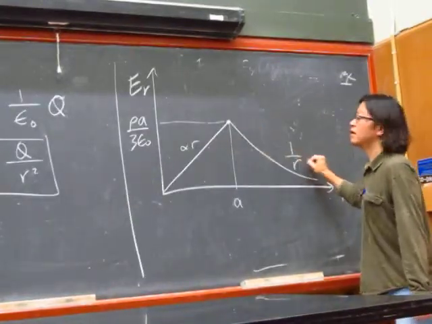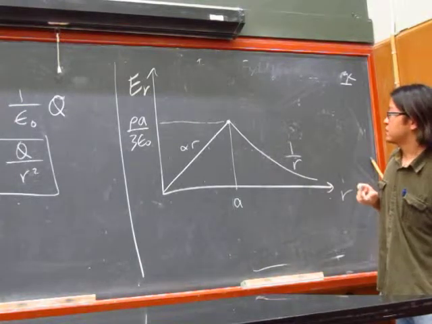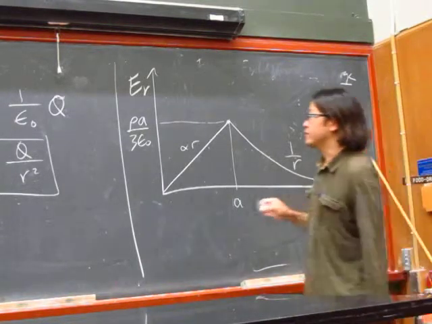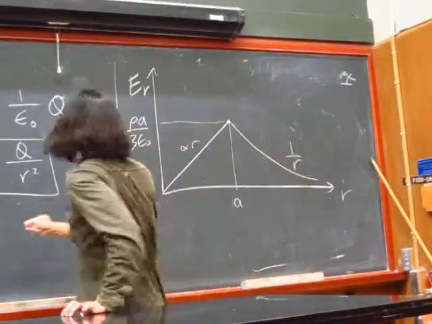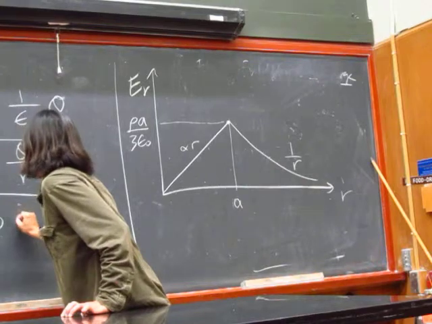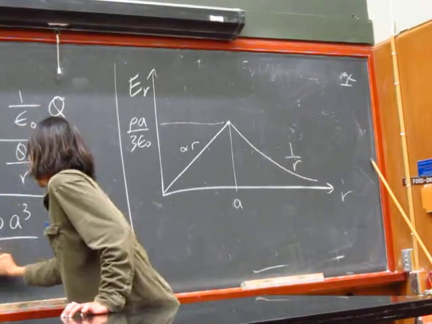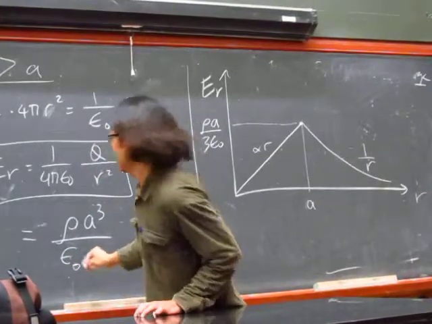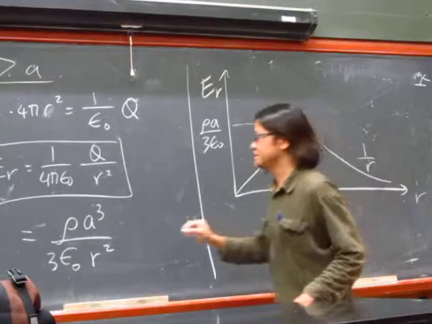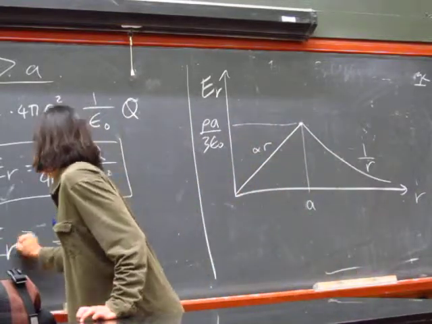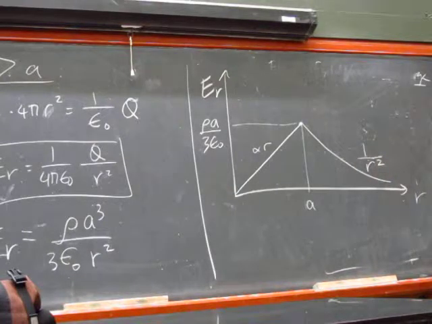So here what I have is rho a cubed over 3 epsilon naught r squared. Is that right? Should it be squared on the... Oh, sorry, yes, this is r squared.